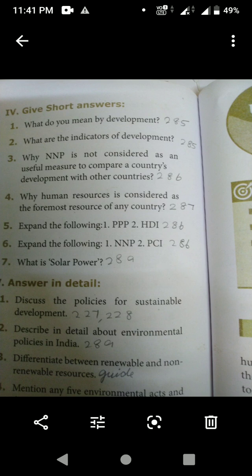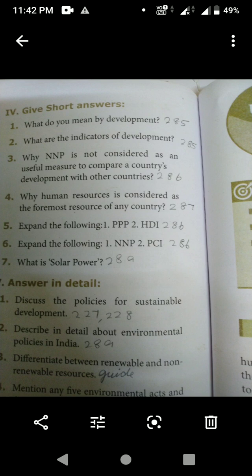Next, Roman number 5, answer in detail. First question: discuss the policies for sustainable development.